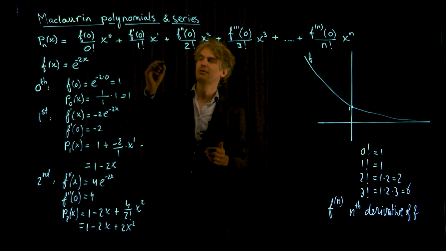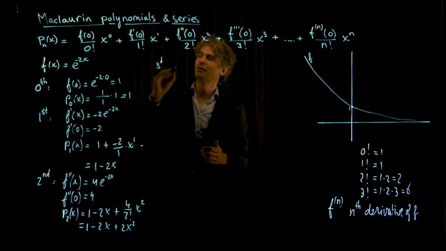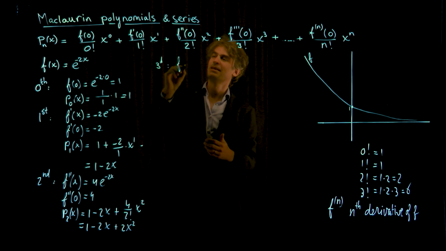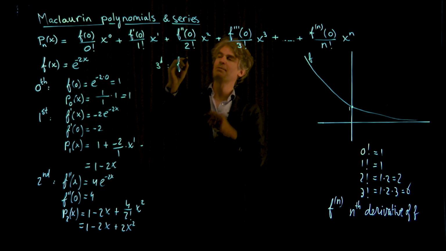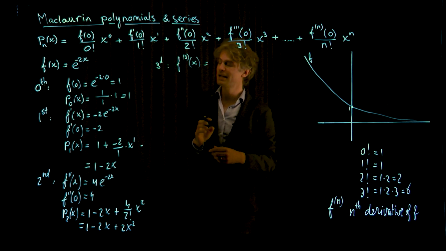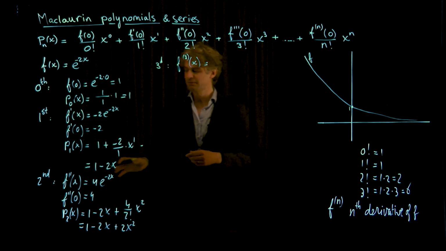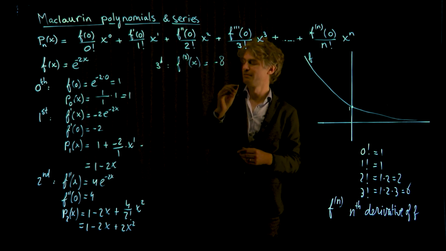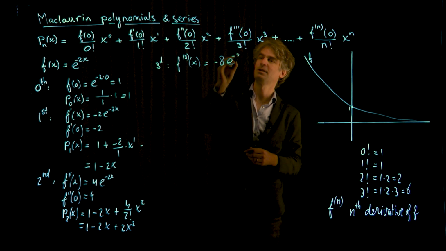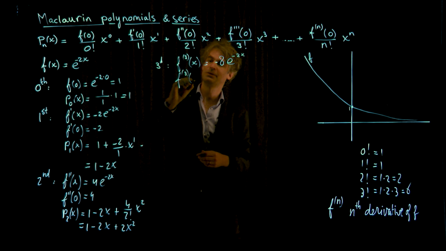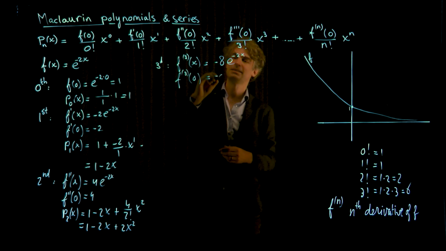So now the third Maclaurin polynomial, we need the third derivative. So now instead of these 3 primes, just to introduce this notation for you, I'm going to write this 3 between brackets, and I need the third derivative of this function, which should be minus 8 times e to the power minus 2x. I plug in 0, so we can do it. I simply get minus 8.